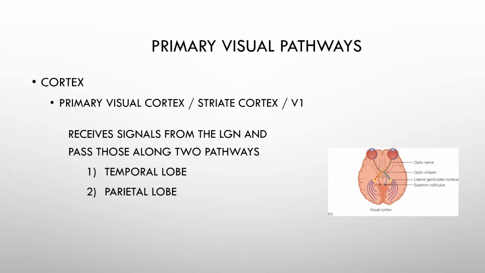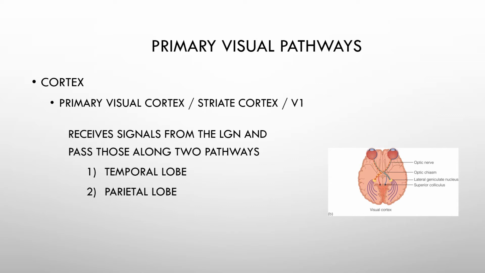Most of the information goes to the lateral geniculate nucleus and is sent along then for higher level processing to the primary visual cortex. And I have here the primary visual cortex, the striate cortex. So striate means striped. It has this kind of striped appearance, and they sometimes call it that.